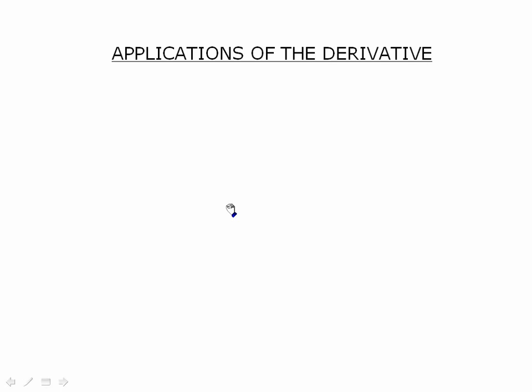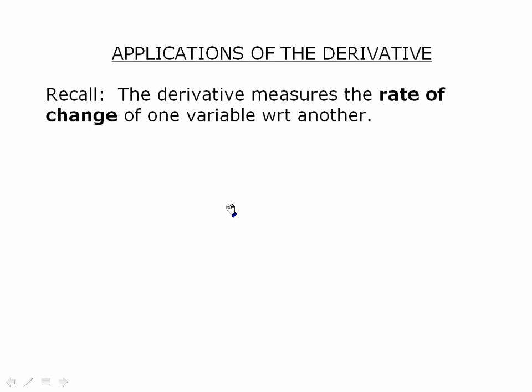So I'm just selecting some of the very common things to work with, such as related rates, basic rates of change, and things like that, just to give you an idea of what some of the potential of this tool is. Anyways, important to remember that the derivative measures the rate of change of one variable with respect to another.